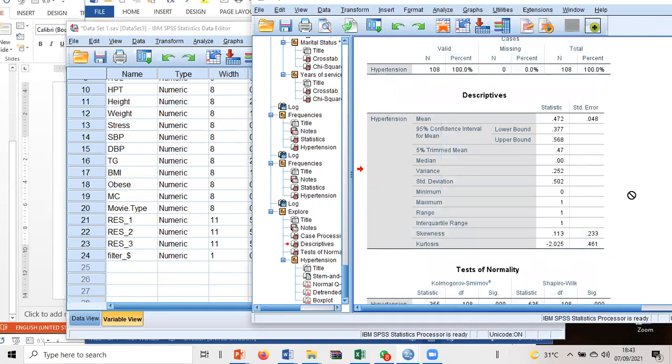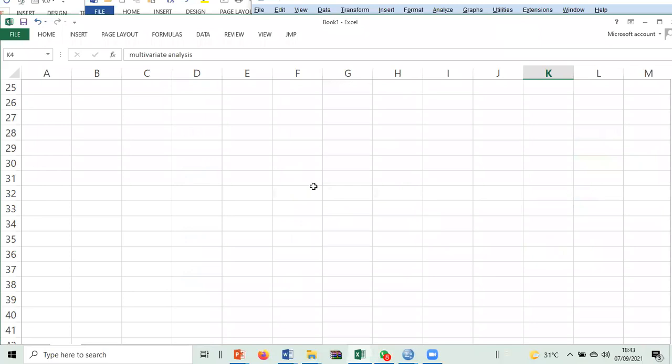Let's say 70 males coded as 1 and 30 females coded as 0. What's the mean? Males are coded as 1, females are coded as 0.